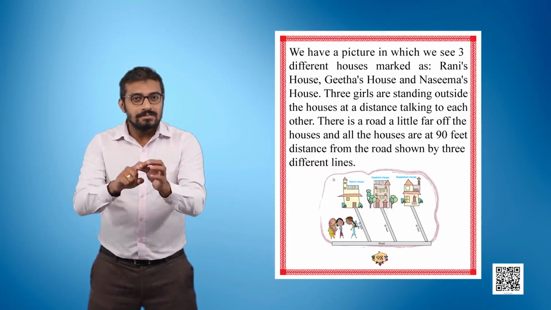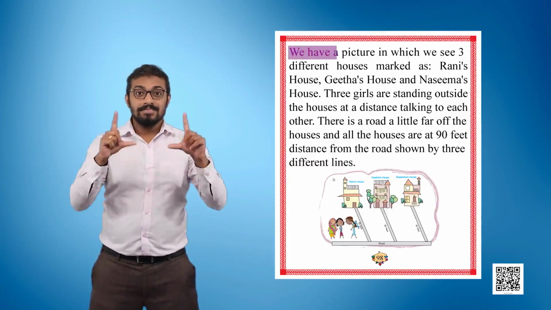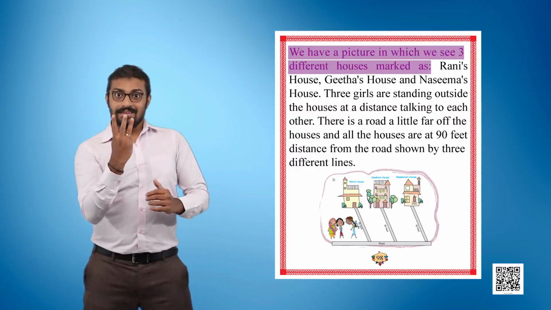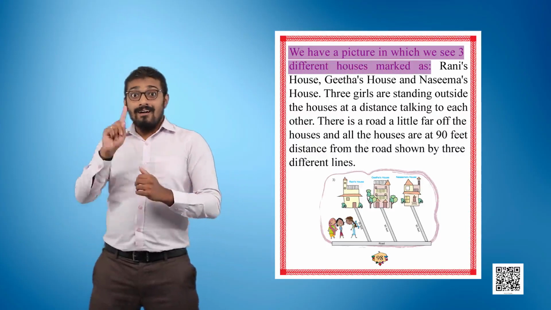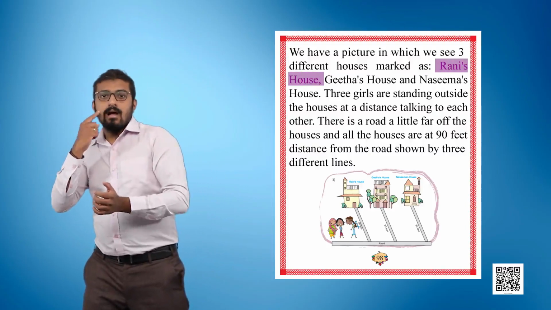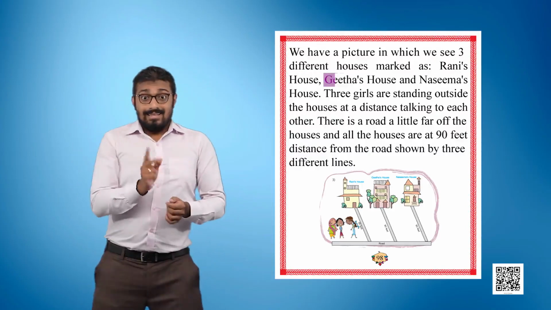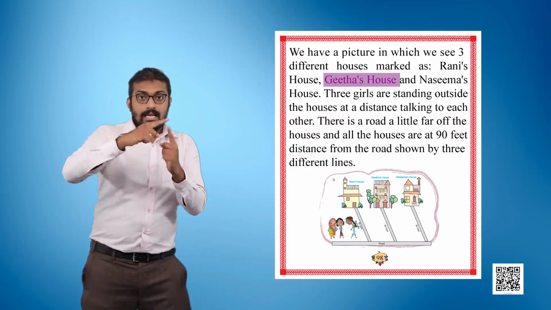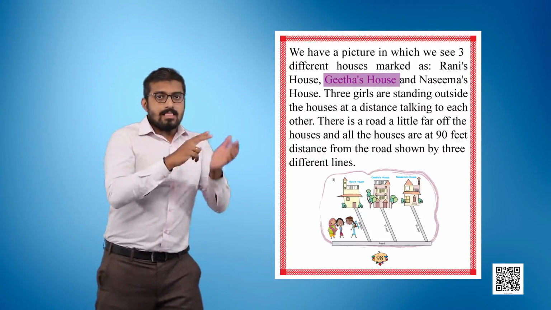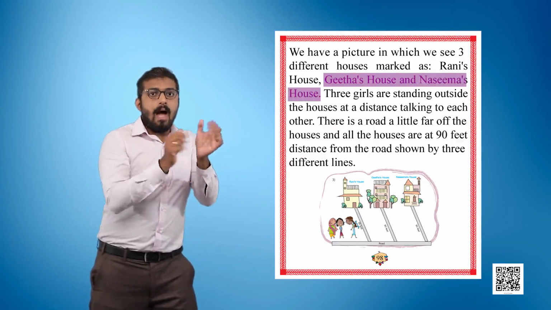Three. We have a picture in which we see 3 different houses marked as Rani's house, Geetha's house, and Nasima's house.